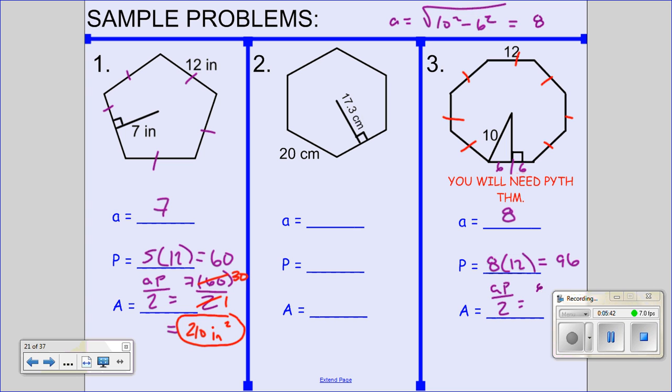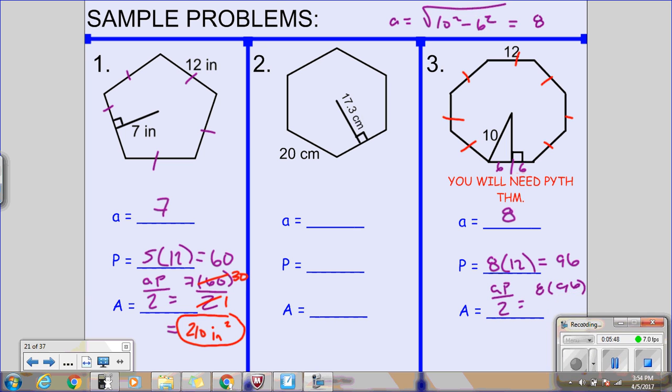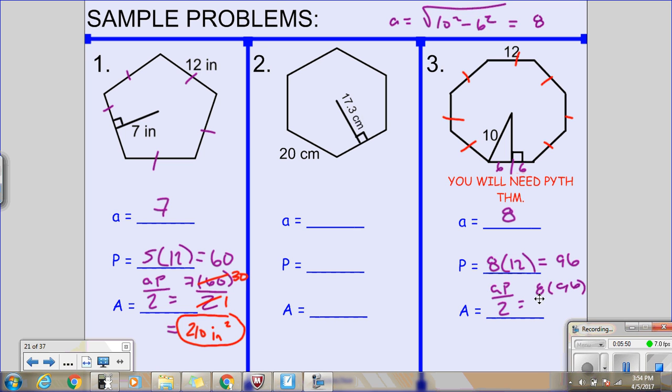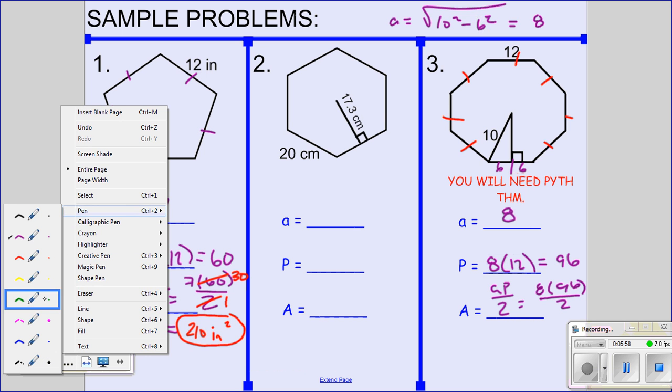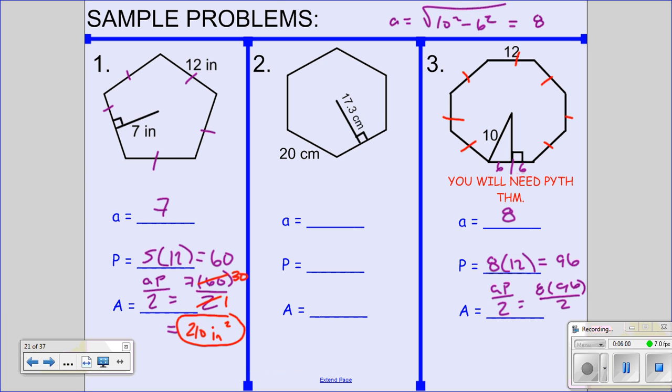So 8 times 96 over 2. Again, 8 is an even number, so I can divide that by 2 to cut some work off. So this is 4, and this is 1.